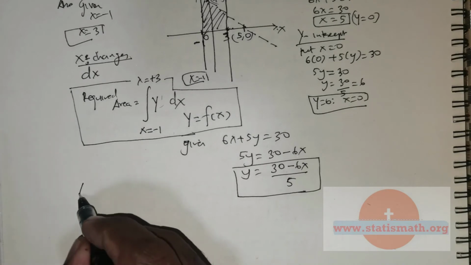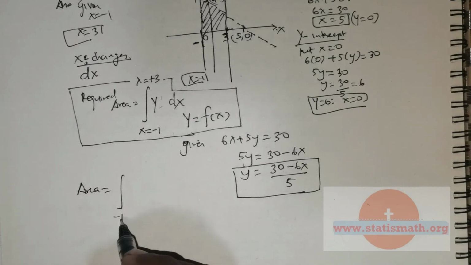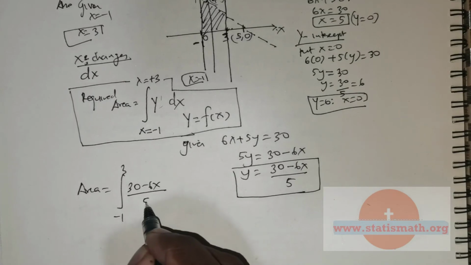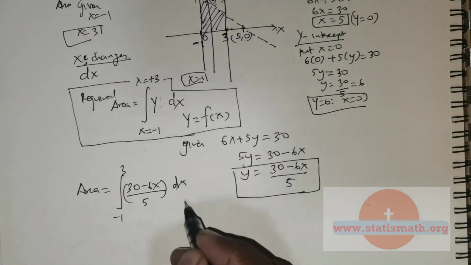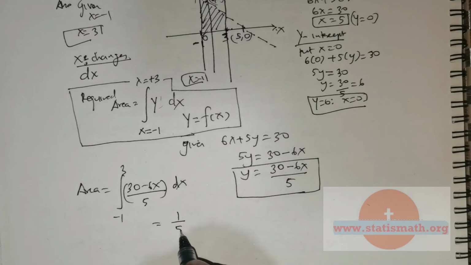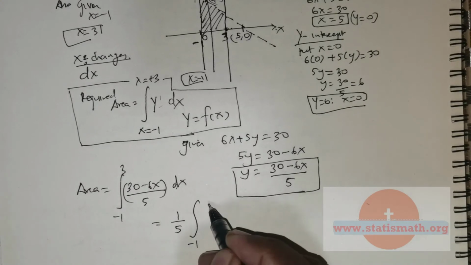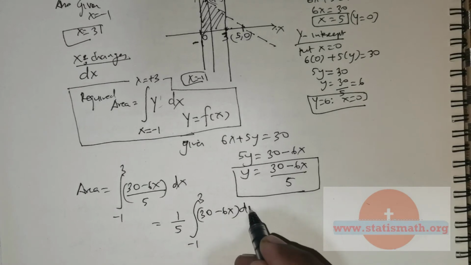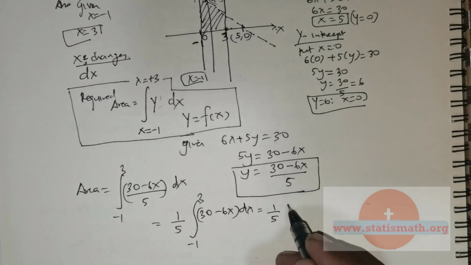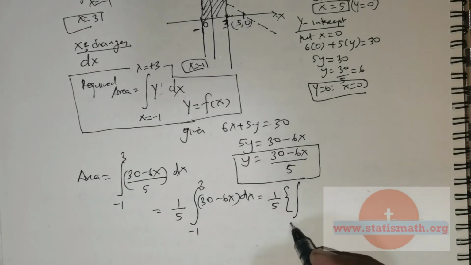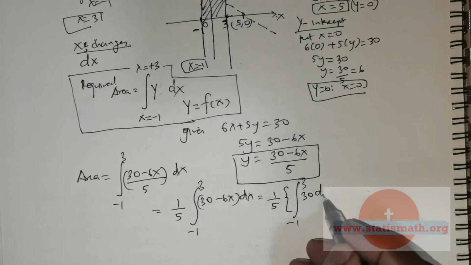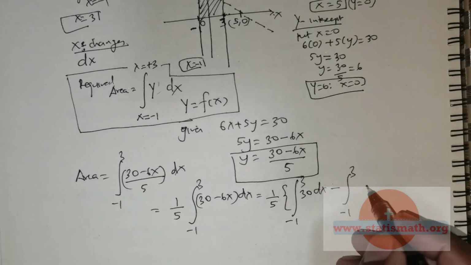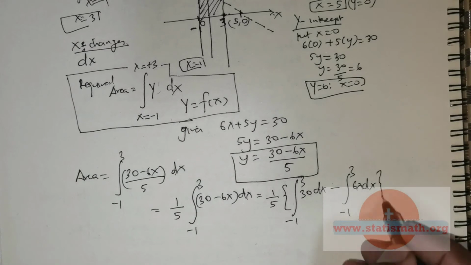Next, all you need to do is find the area integrated between -1 and 3 of (30 - 6x) divided by 5 times dx. We got 5 as a constant. Take it out. Place the integral sign from -1 to 3. This is (30 - 6x) times dx. Take 1 over 5 out and write it like this: the integral from -1 to 3 of 30 dx, minus the integral from -1 to 3 of 6x dx, close the parenthesis.